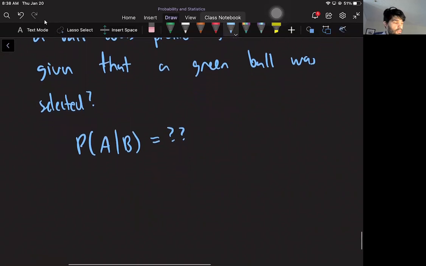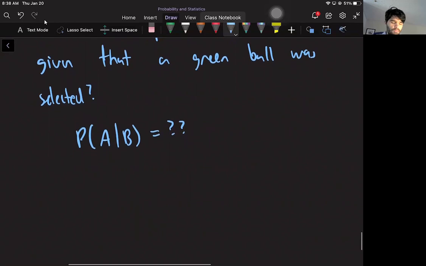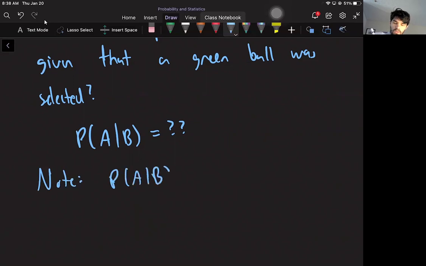So we just have to use these formulas that we've put up earlier. Let's think about this one. So what can we say? Well, we know that the conditional probability formula is this. And luckily, we just figured this one out. So then we're basically done.